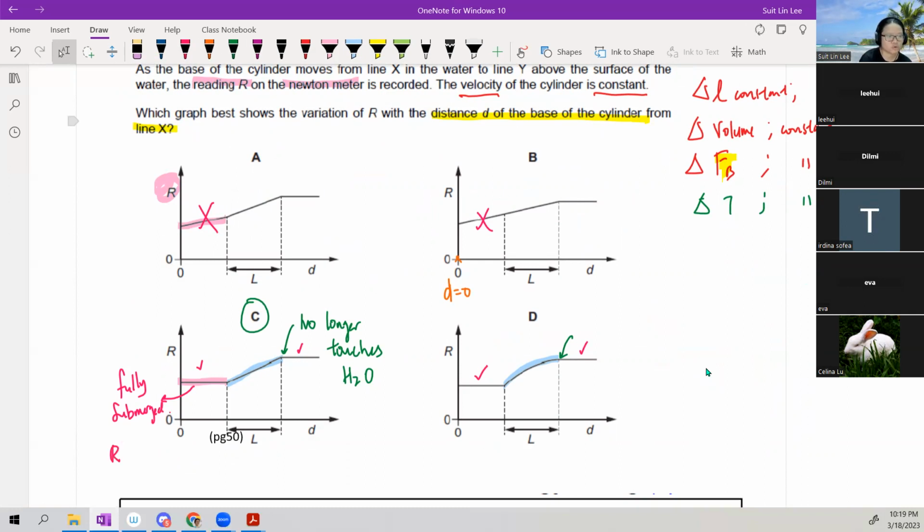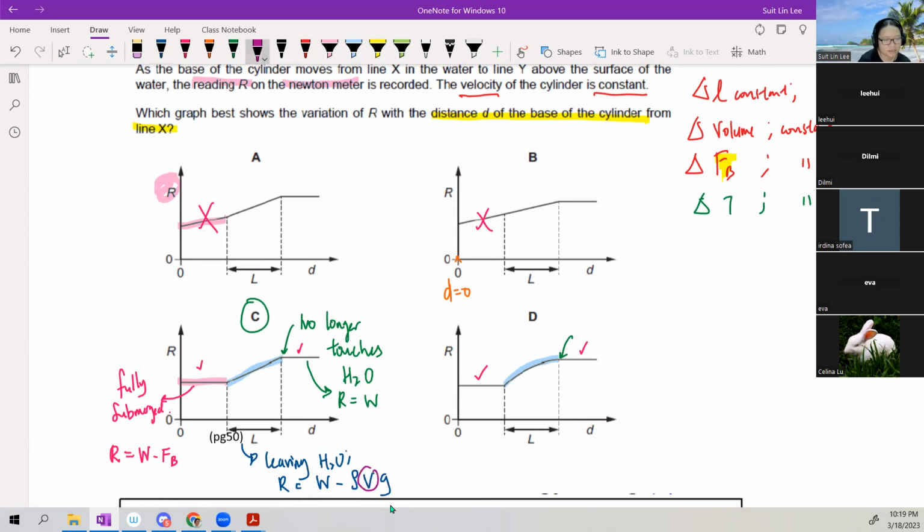Your reading, which is tension, will be equal to the weight of the object minus the buoyant force. This section here, no longer inside water, the reading is equal to W. In the middle here, leaving the water, the reading is equal to W minus the buoyant force, which is rho Vg.